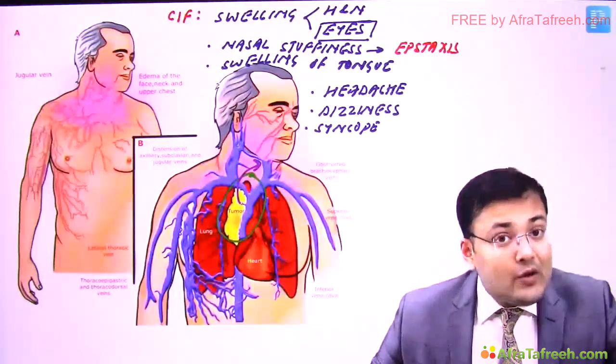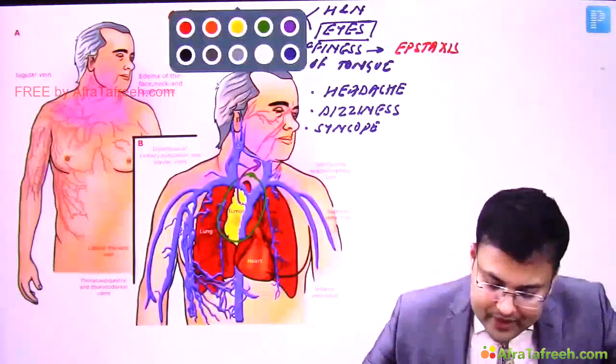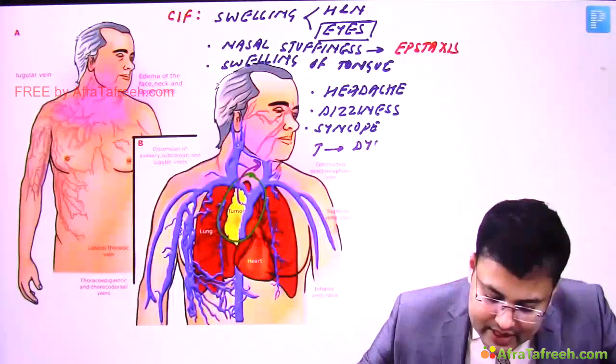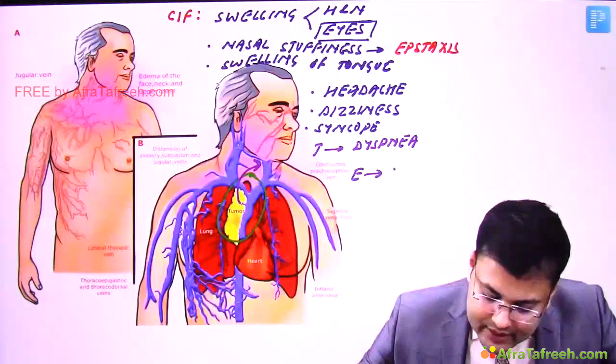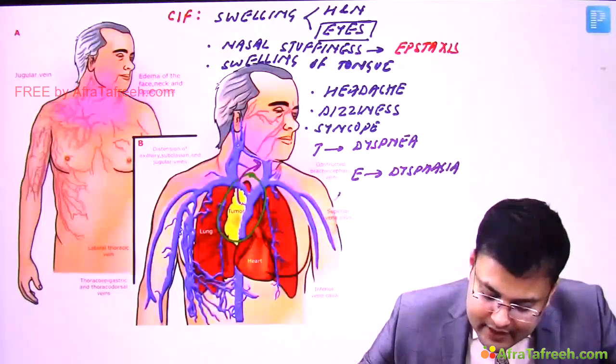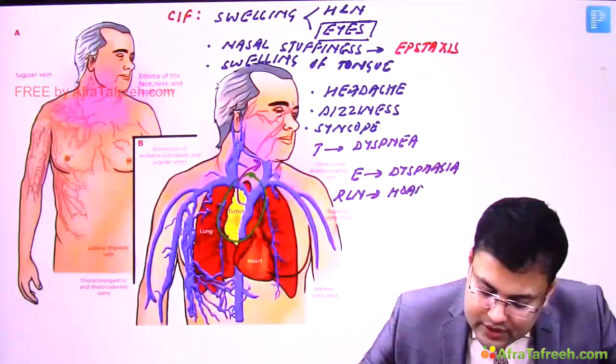But this is seen in advanced malignancy when there is compression of midline structures. So if there is compression of trachea, there is dyspnea. Compression of esophagus, there is dysphagia, and compression of recurrent laryngeal nerve is leading to hoarseness of voice.